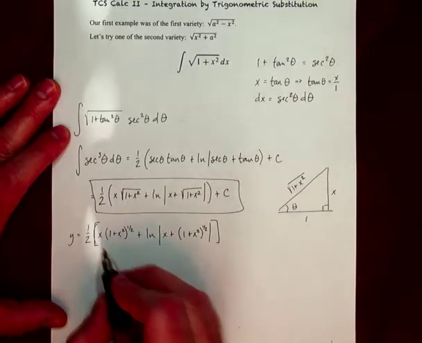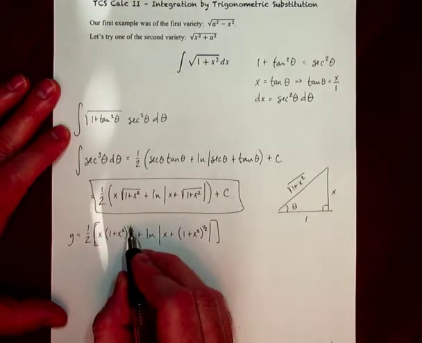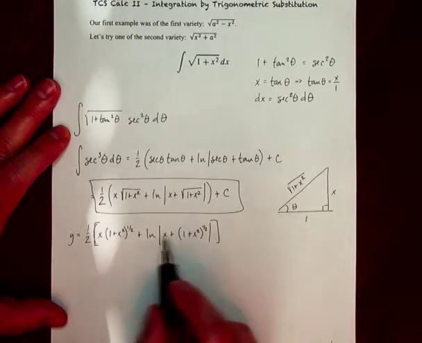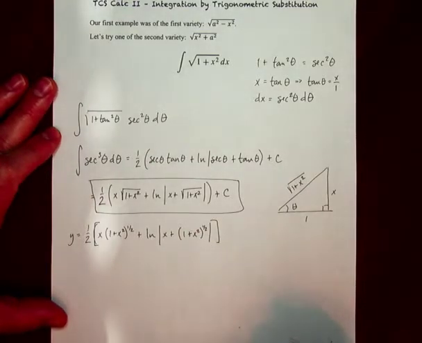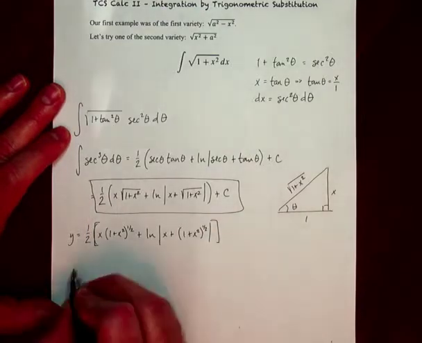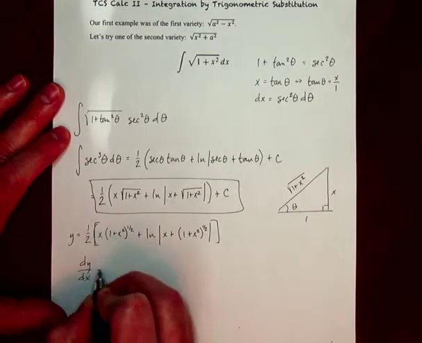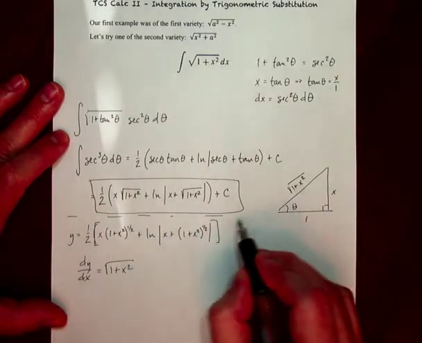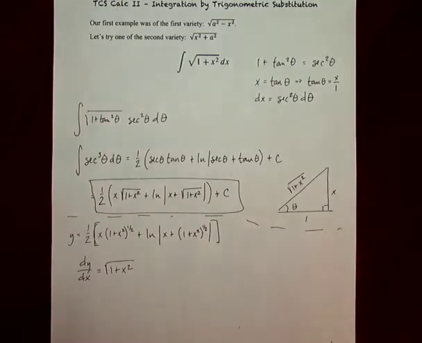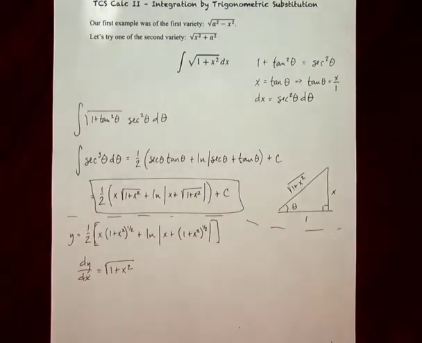And when you do that, you would need to do the product rule here, and then u prime over u for the natural log over here. And when you actually clean it up, it does wind up being the square root of 1 plus x squared. If you want to try that on your own, feel free to do so. It's just a lot of fractions and radicals embedded within the fractions and fun stuff like that. It's not actually all that difficult. It is, however, a little bit tedious and burdensome.